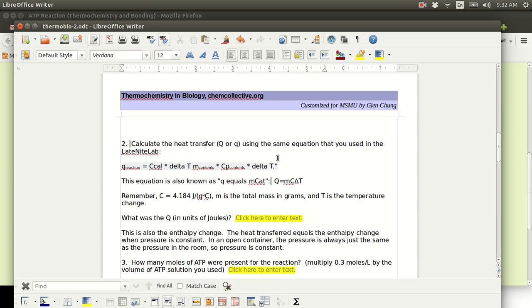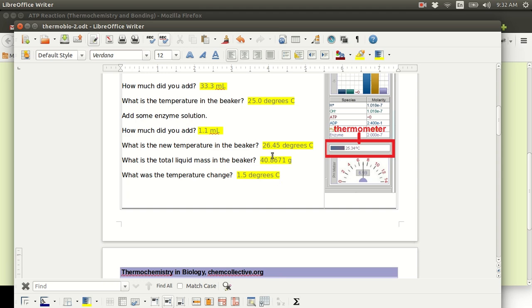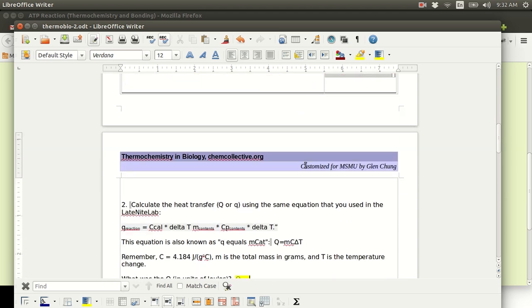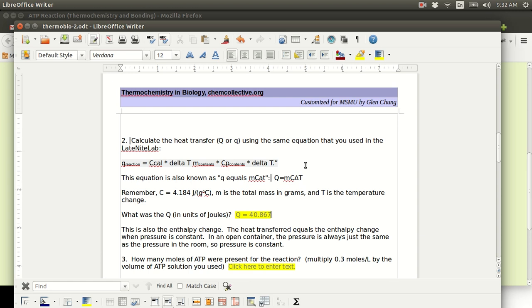Now here, the heat transfer, please just use this simplified equation. Simplified equation is just Q equals mcΔT. Q is the heat in joules. The mass is the m, and that was 40.8671 grams. The c is the specific heat capacity of water, because the solutions were mostly water.